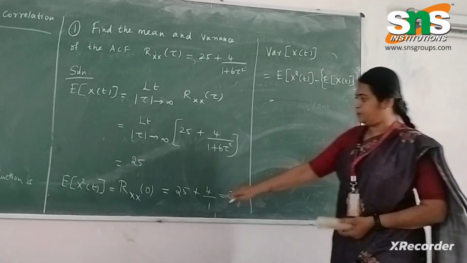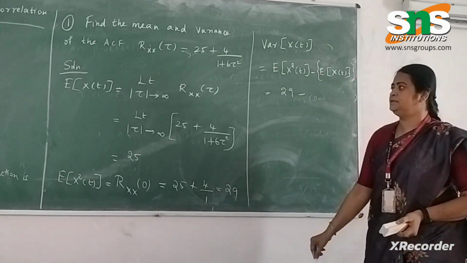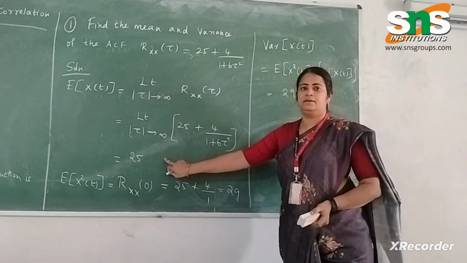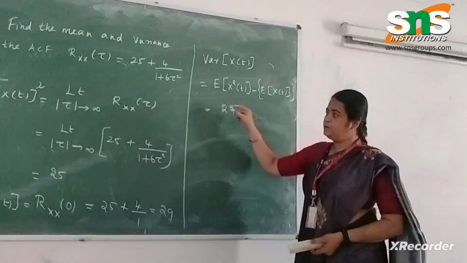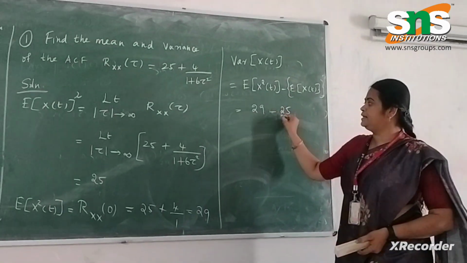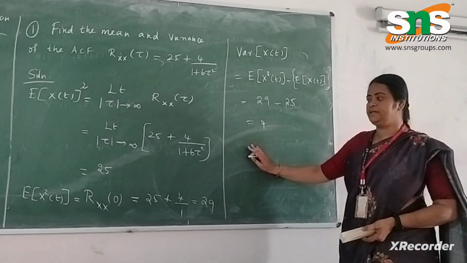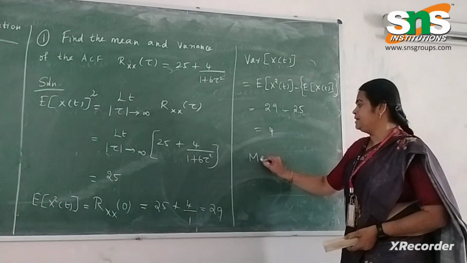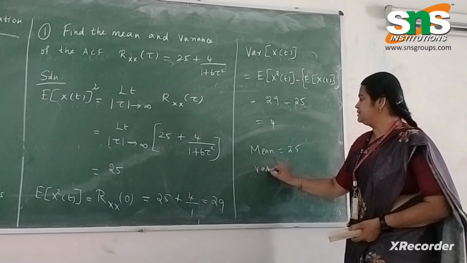Our E of x square of t is 29, minus E of x of t the whole square, which is 25. So 29 minus 25 is 4. So our variance of x of t is 4. The solution is: mean is equal to 25 and variance is equal to 4.